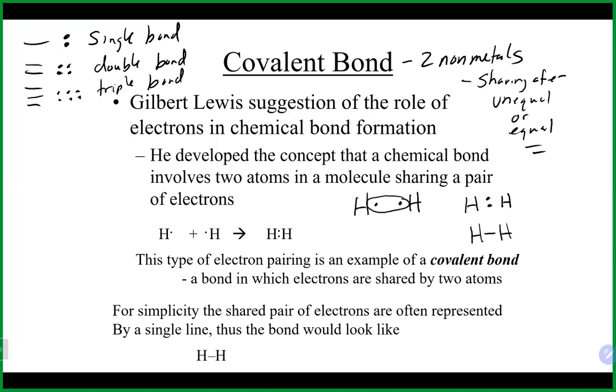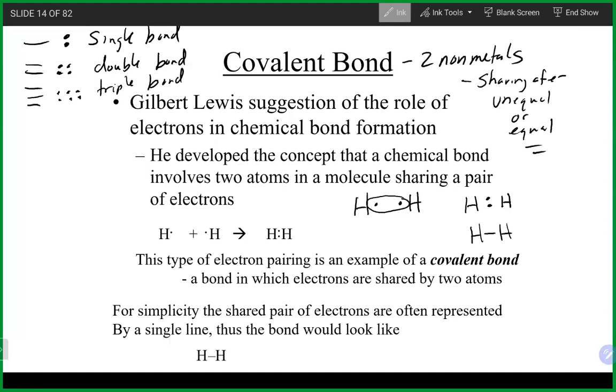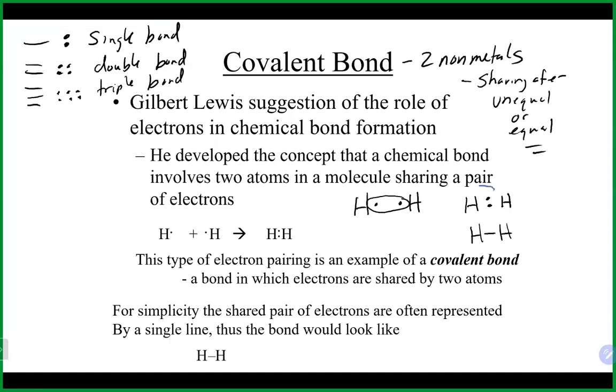Sometimes it's required to triple bond, and sometimes it's just required to single bond to get everybody to where they need to be. We'll talk about when to use them and when not to use them. So these electrons that are being shared between the hydrogen atoms, these two count for the hydrogen on the left, and these two count for the hydrogen on the right. That gives hydrogen 2 electrons in each of these cases.